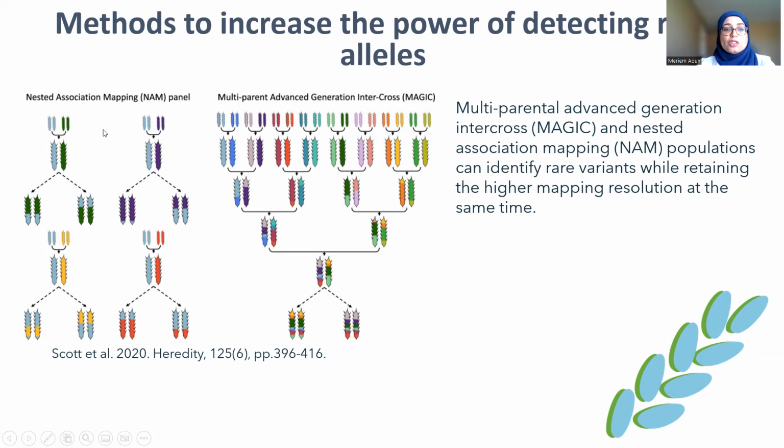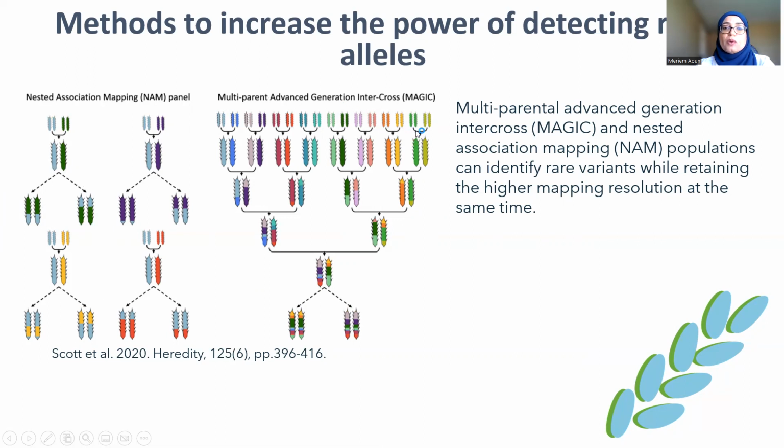So for the nested association mapping, you have one common parent. Here I'm showing an example of 4 biparental populations that were crossed to different parents. And then you will do selfing to develop recombinant inbred lines. And then the GWAS can be performed in these recombinant inbred lines that are developed from these biparental crosses. Also, you can do linkage mapping in each of the biparental crosses.